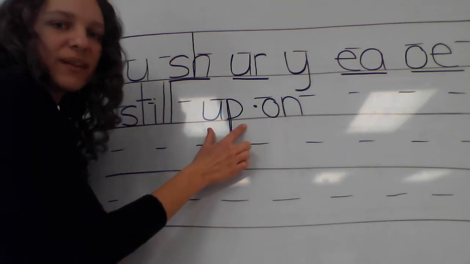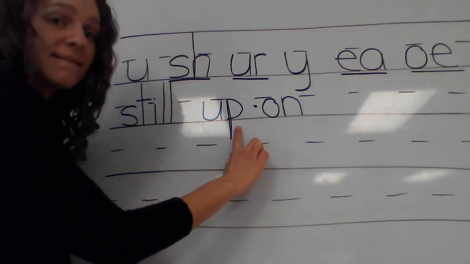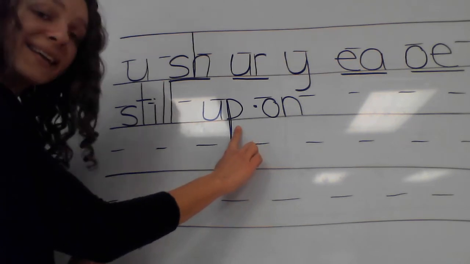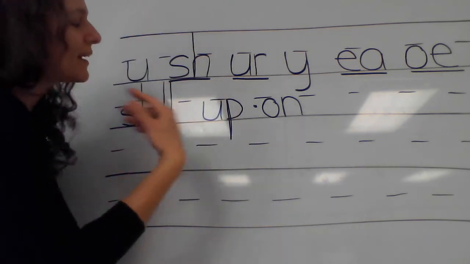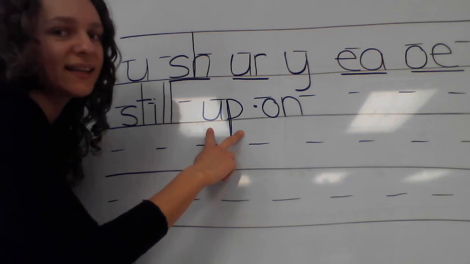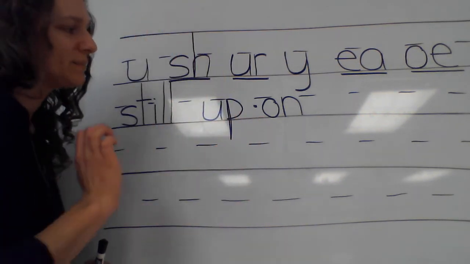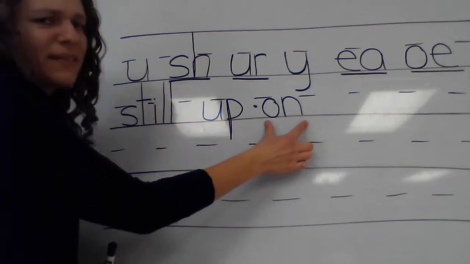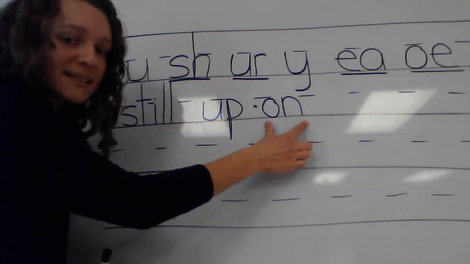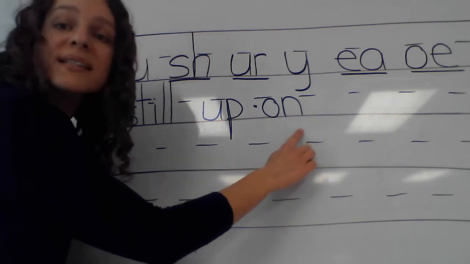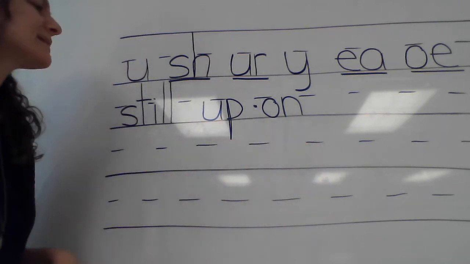What kind of a syllable is this? Look what it ends with. Is that a vowel or consonant? Good, it's a consonant. So what kind of syllable is this? If you said closed, high five. All right. How about this syllable? What kind of syllable is this? Look, this also ends with a consonant, so it's also, good, a closed syllable.